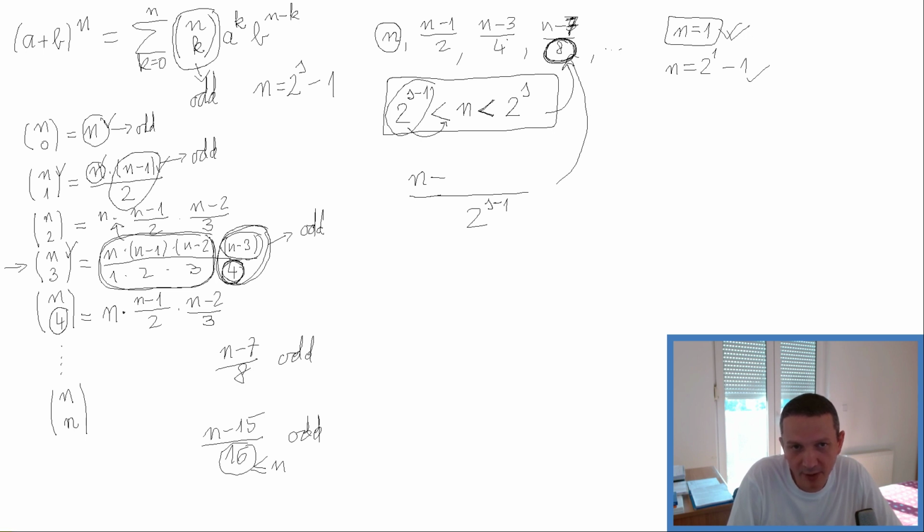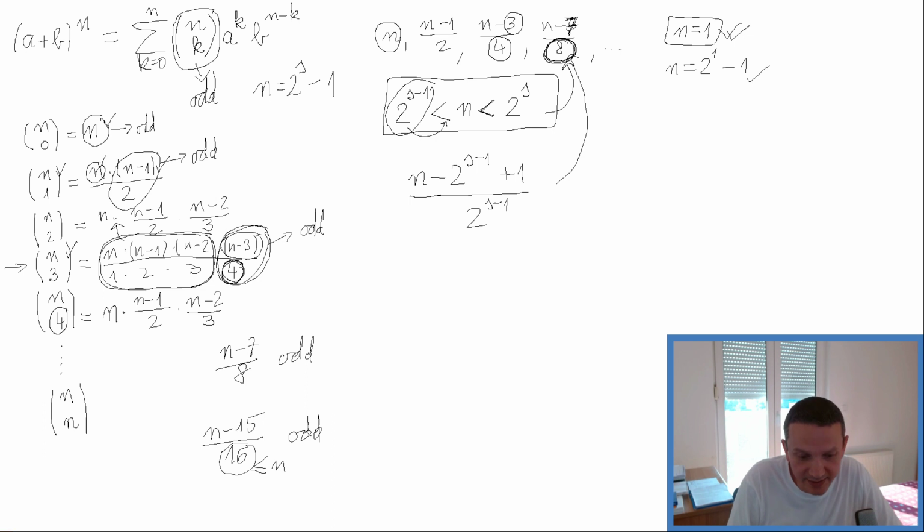So if we have 4 in the denominator, we have n minus 3. 3 is by one less. So we actually have n minus 2 to the power of s minus 1, but plus 1, because we subtract the previous number, which is by one less.